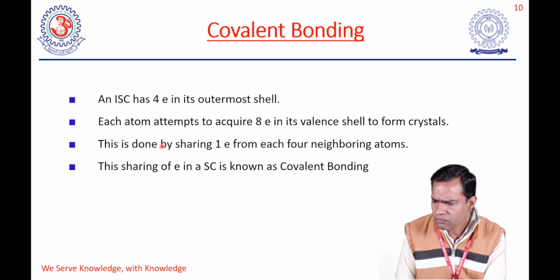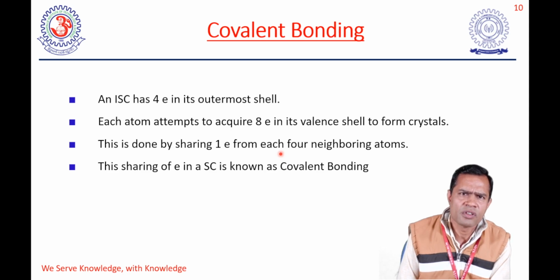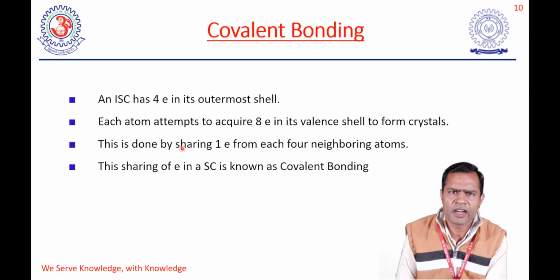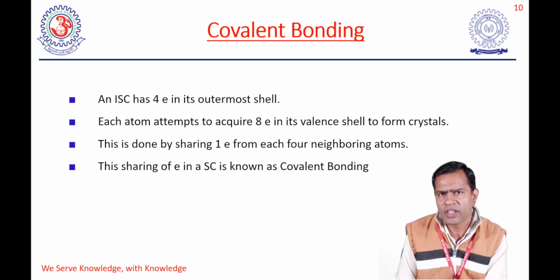Already I told you, 1 electron from each of the 4 neighboring atoms is shared. This sharing of electrons in the semiconductor is known as covalent bonding.